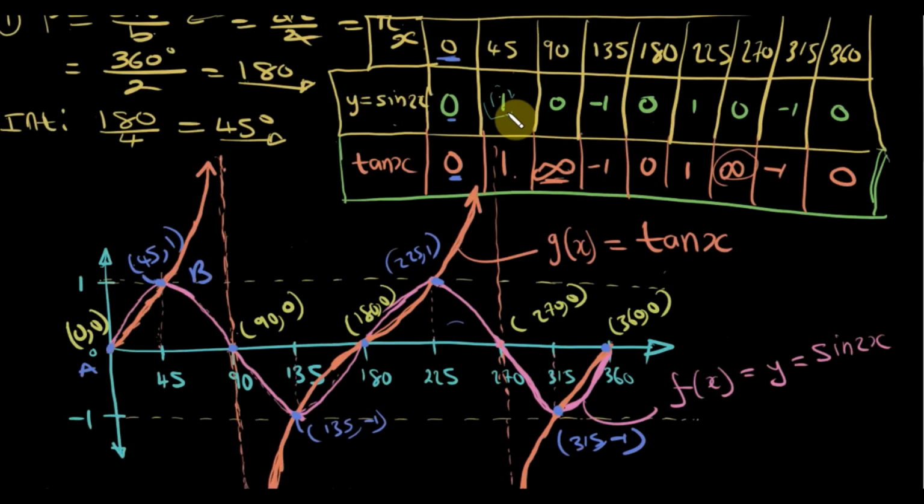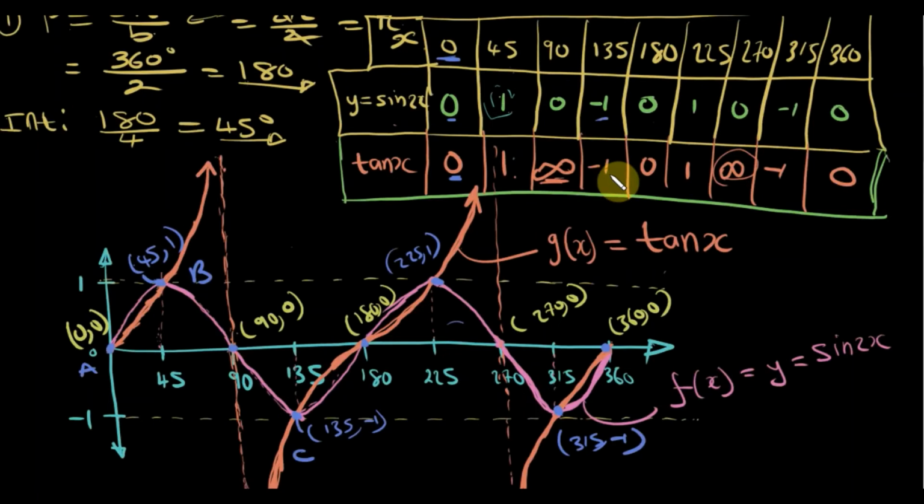F of x is 1, g of x is 1. So 1 minus 1 is 0, the relationship is not satisfied. There is... well, it is the same as f of x, which is minus 1.